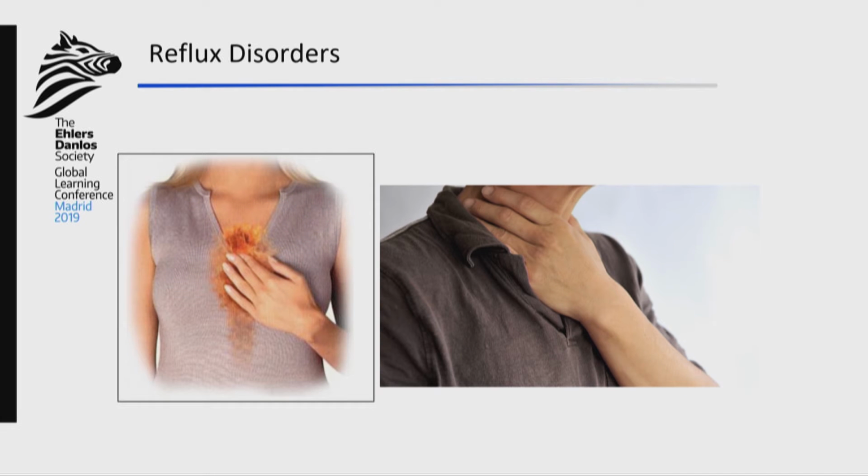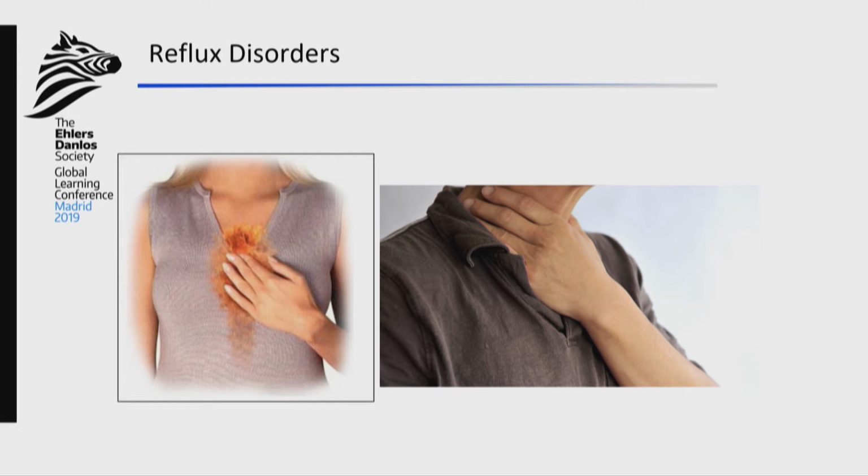As I said, acid, heartburn, reflux type of symptoms are again very common in our patients, and this may be due to a combination of factors. The esophagus itself may be weak, it's not actually pushing things down properly, the stomach may be slow, and that combination may then cause the acid to come up into the esophagus because it's staying in the stomach for longer, and the valve at the lower end of the esophagus may be weak.